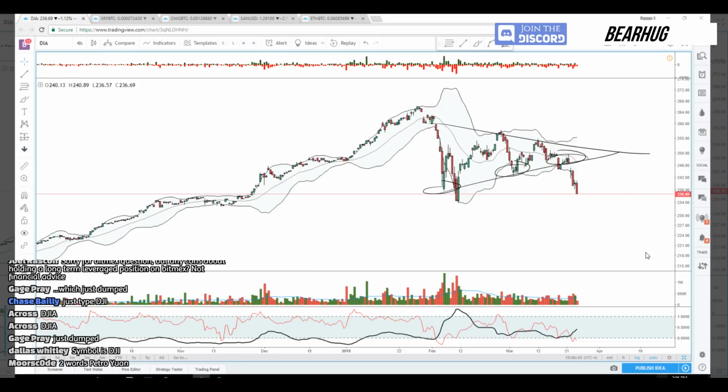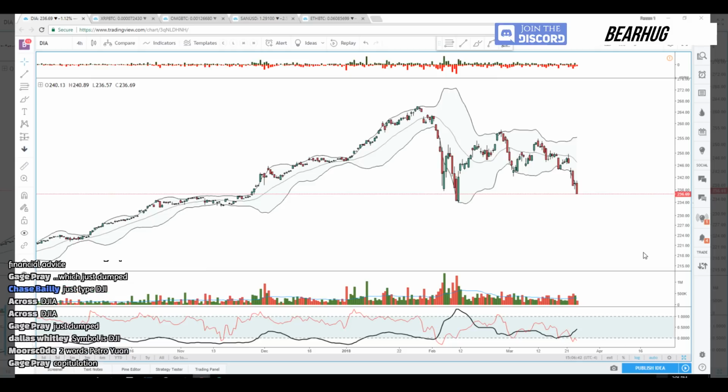So it makes sense that Bitcoin's bleeding, right? Something very interesting to note is how similar the moves in Bitcoin look to the Dow Jones. Yeah, it just doesn't look good right now.